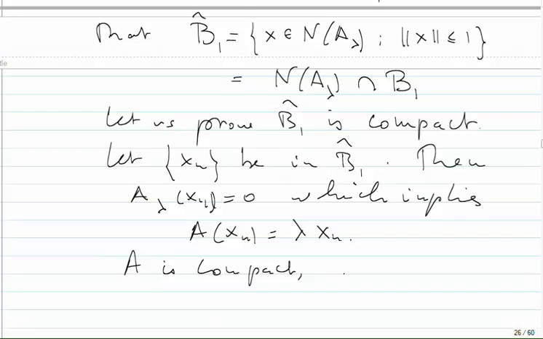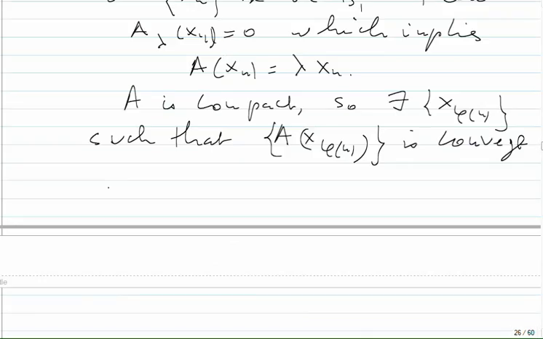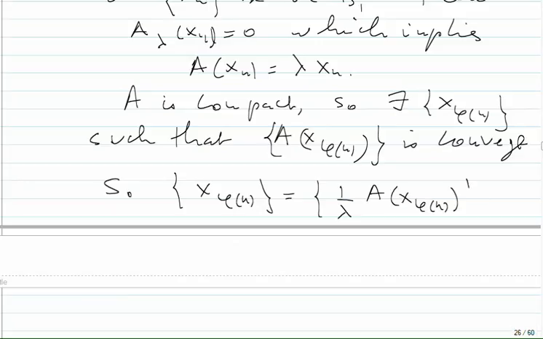Therefore, there exists a subsequence such that A of x_phi(n) is convergent. Okay, this implies x_phi(n) equals 1 over lambda A of x_phi(n). So this is where we are using heavily that lambda is not equal to 0. This is also convergent.